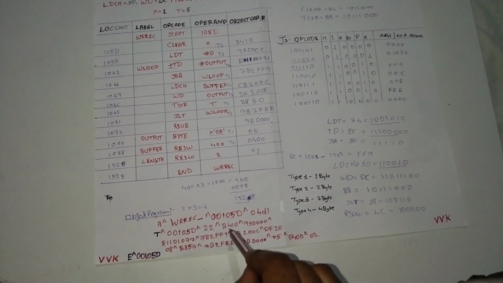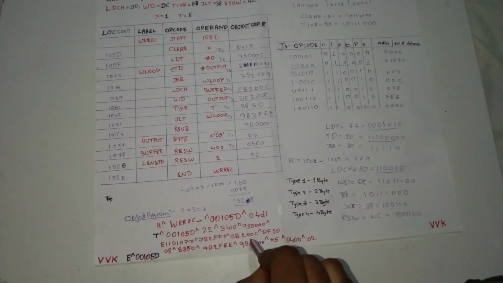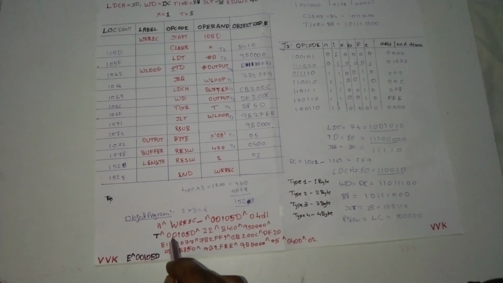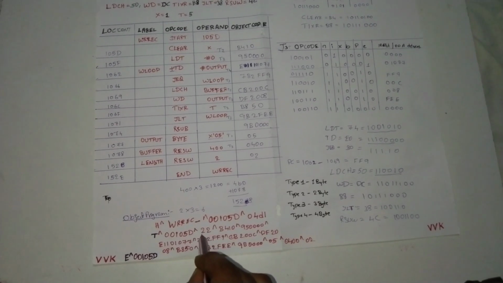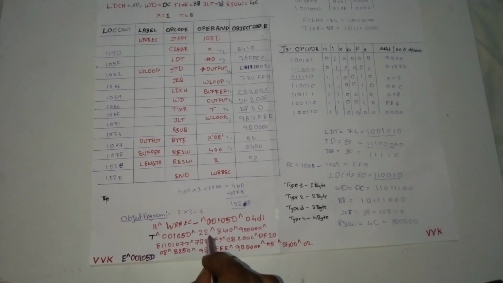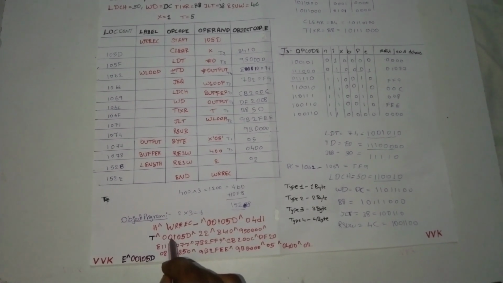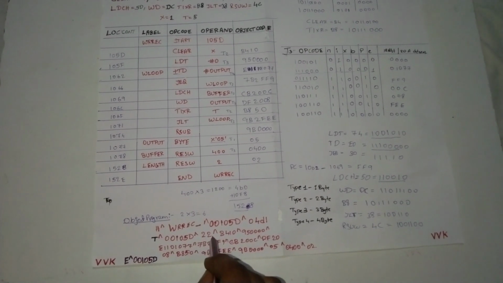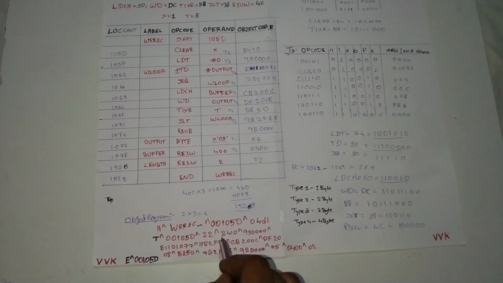So let's check whether it has 69 or exceeds that. First we consider T 001059, and these two also. From the start till here it contains 9 characters already. So we are left with only 60.